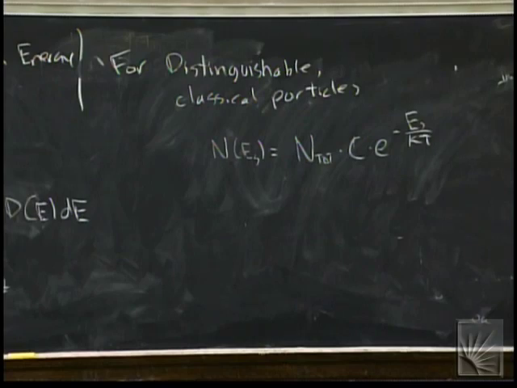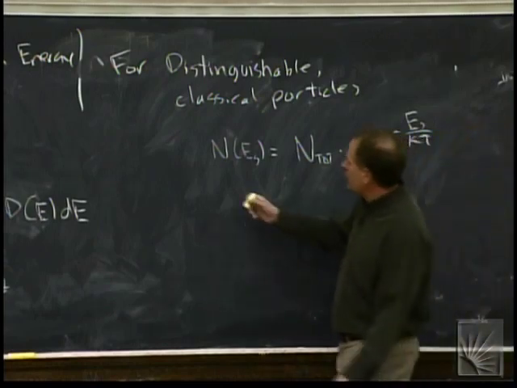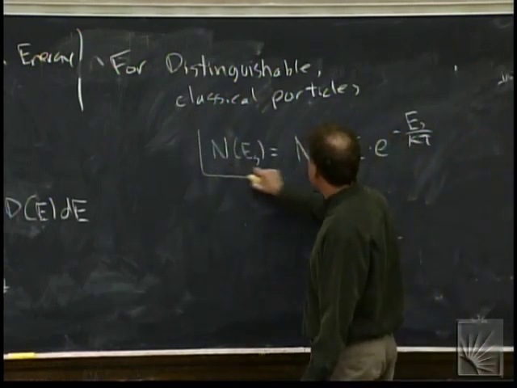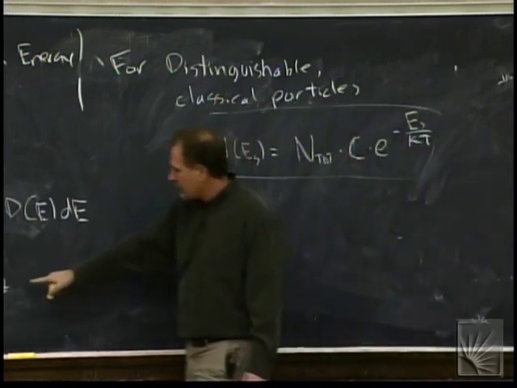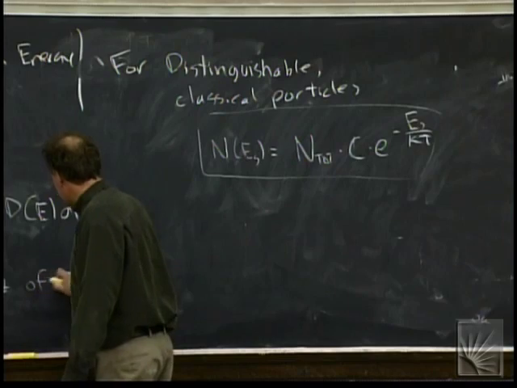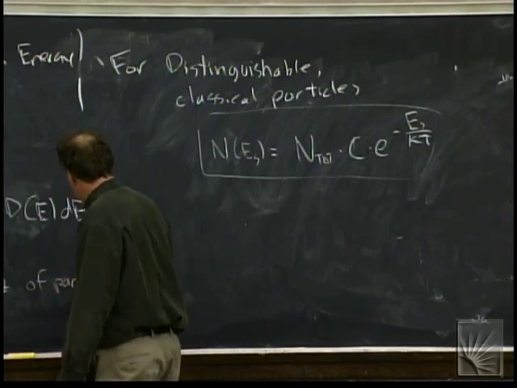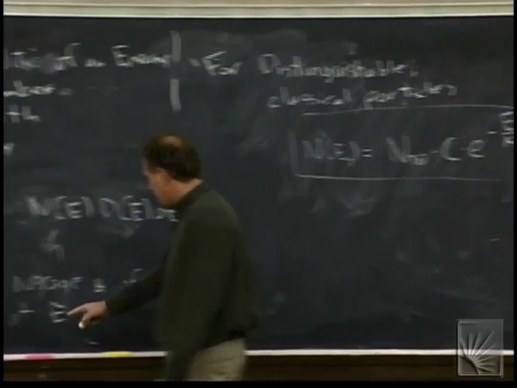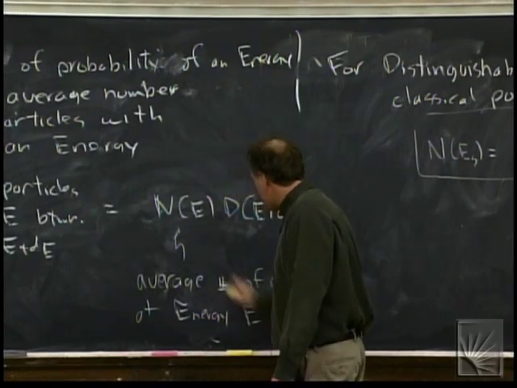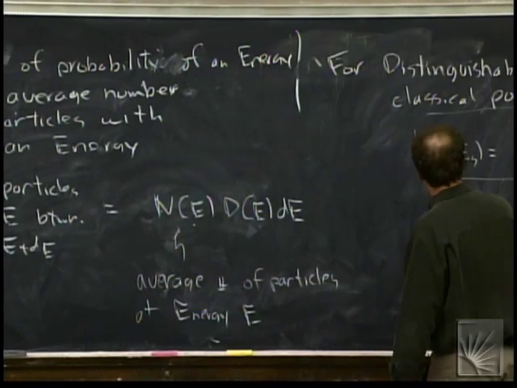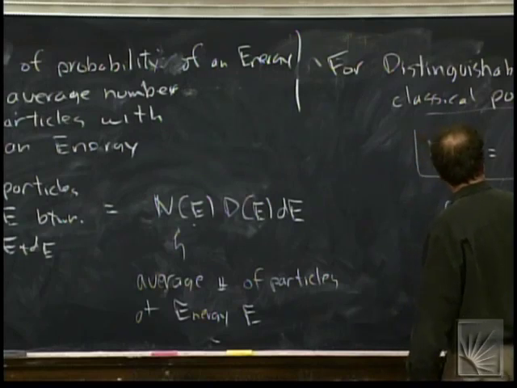But the fact is you can't say something as simple as that in this case. And it just is more useful to talk about this average number of particles at energy E. Sometimes it's called the occupation number.